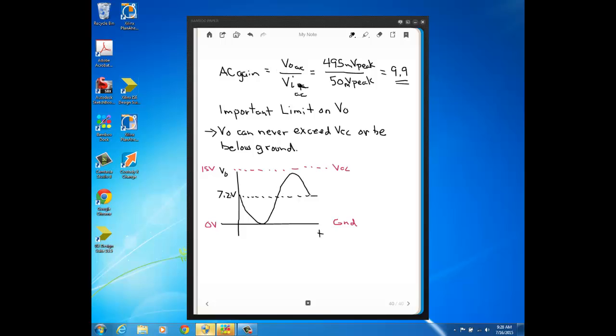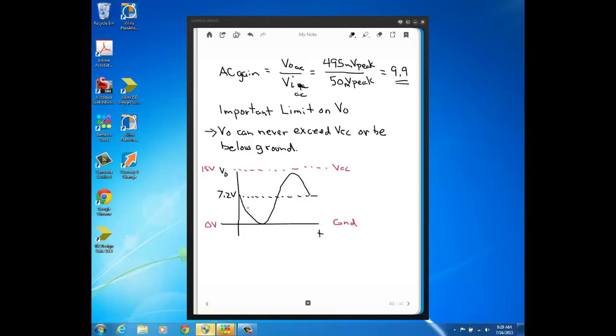Because this 7.2 is closer to the lower limit than the upper limit, our amplified AC signal would hit ground before it hits VCC. It's going to hit this 0.3 volts sooner than it hits up here.